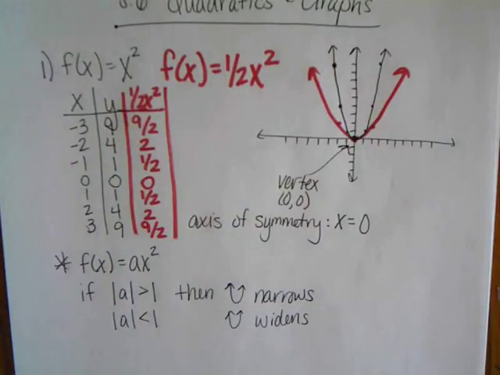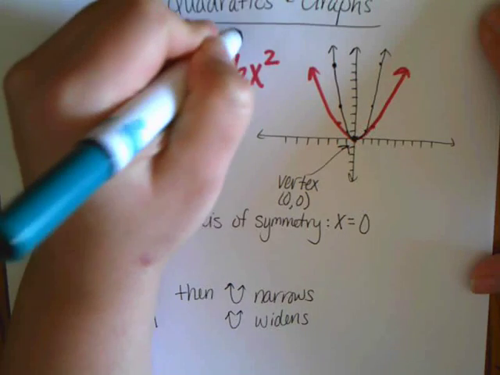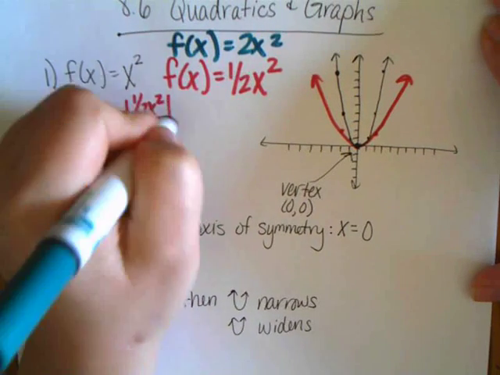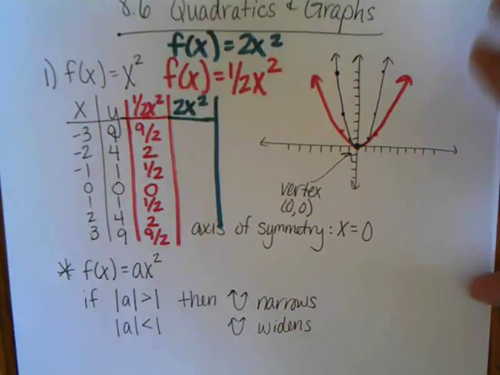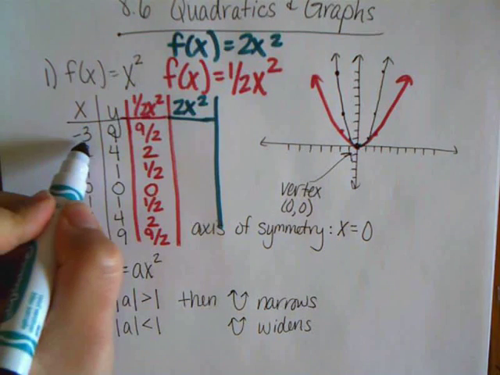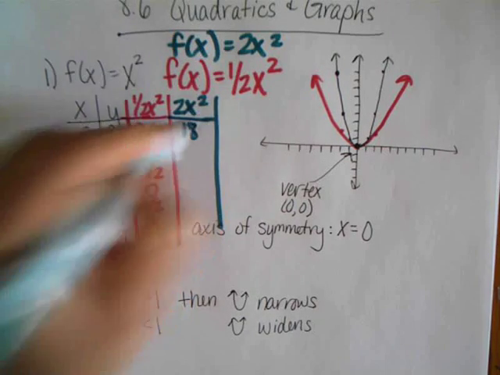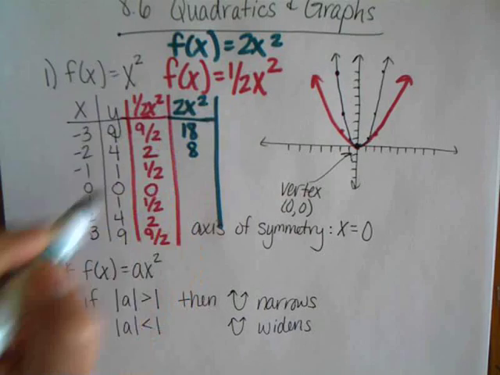Now, I've got one more I want to look at, f of x equals 2x squared. So 2x squared will be: negative 3 squared is 9, and 9 times 2 is 18. Negative 2 squared is 4, 4 times 2 is 8.